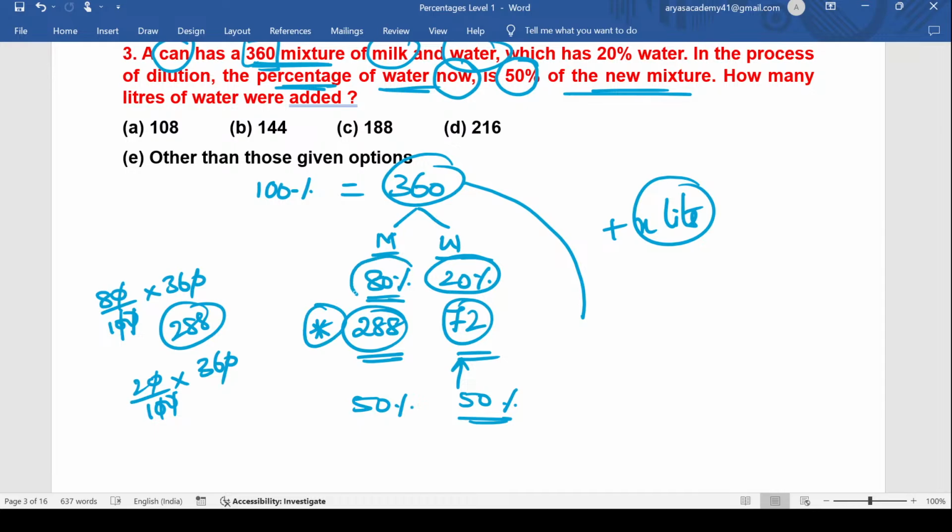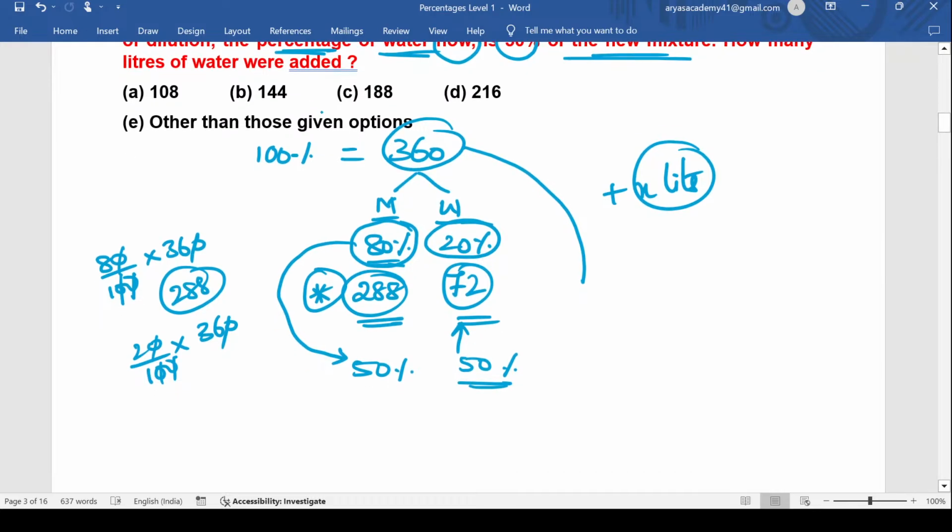But the percentage of milk got reduced from 80% to 50%. The percentage of milk itself changed, but the quantity of milk doesn't change because we have not removed the milk, we have just added the water. As we have added the water, percentage of water increased and the percentage of milk decreased. It doesn't imply that quantity of milk is altered. Quantity of milk remains the same, though the percentage actually changes.